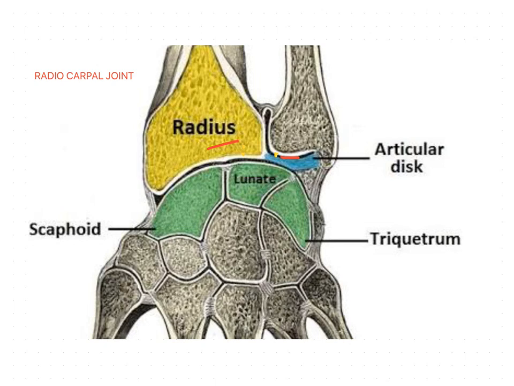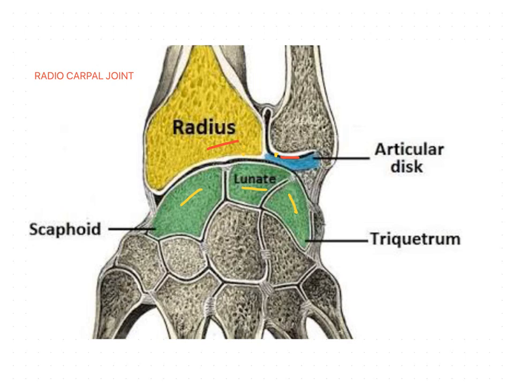Next is the distal radiocarpal joint surface. The scaphoid, lunate and triquetrum compose the proximal row of carpals.